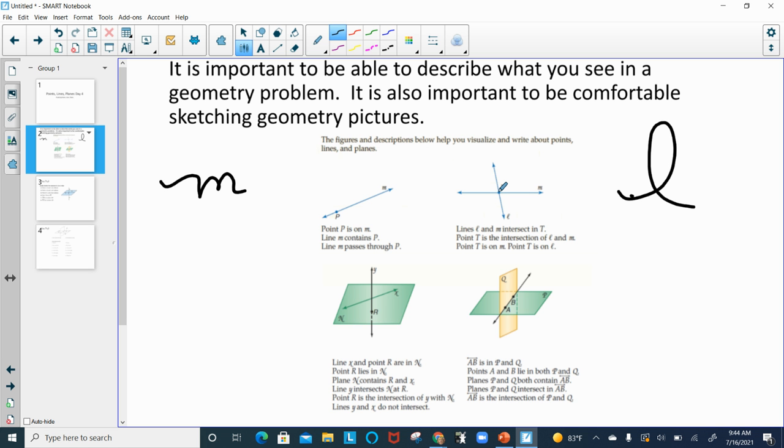T is the intersection. T is where the stoplight is. And then point T is on M, point T is on L. It's actually on both of those lines. You could also say line M and line L contain T. So there's lots of different ways to describe what's happening in the pictures.